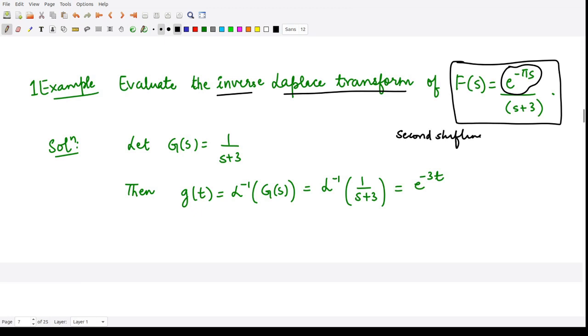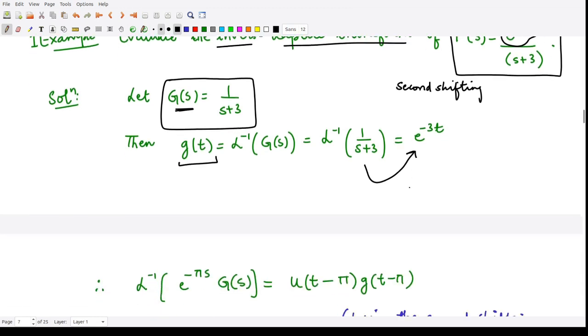Whatever we have in product with this term e to the power minus pi s, we have this function g of s equal to 1 divided by s plus 3. So we can first calculate the inverse of this function. Small g of t would be the Laplace inverse of g of s, so the Laplace inverse of 1 by s plus 3, and using the first shifting property, it is equal to e to the power minus 3t.